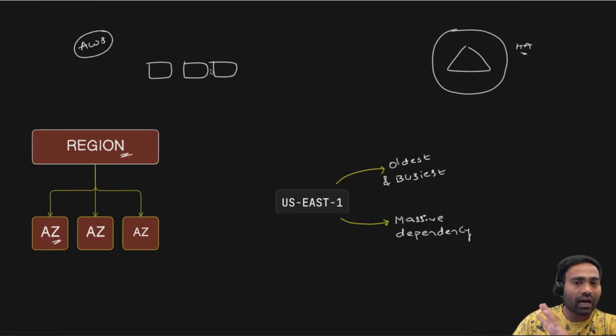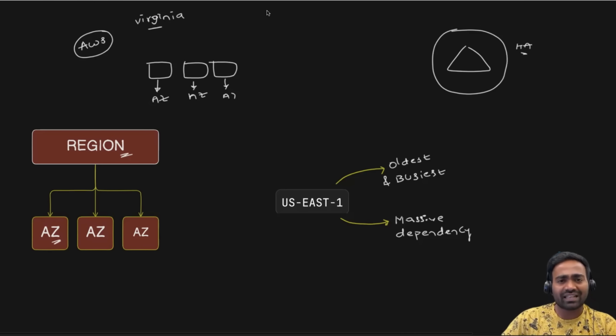So they identify the regions. For example, AWS has identified a region called Virginia in United States. And in Virginia, they have set up multiple data centers. In the world of cloud, we call them availability zones.